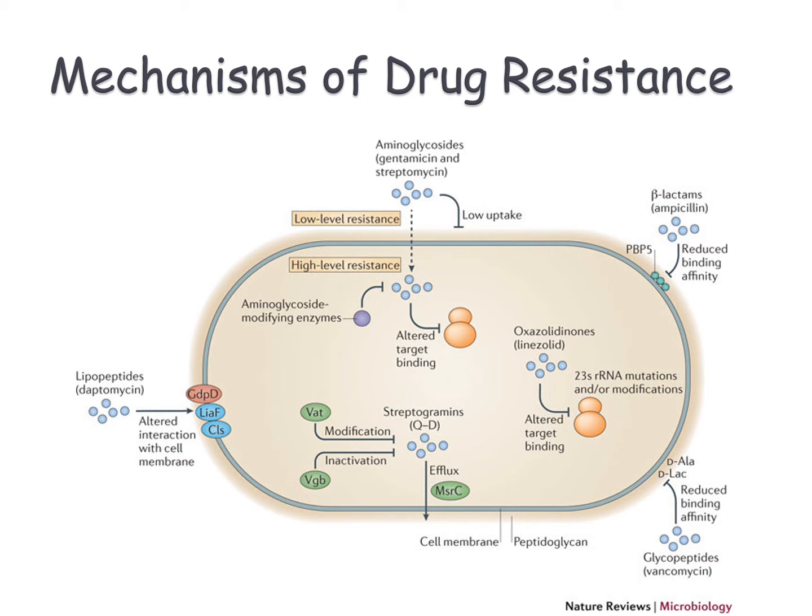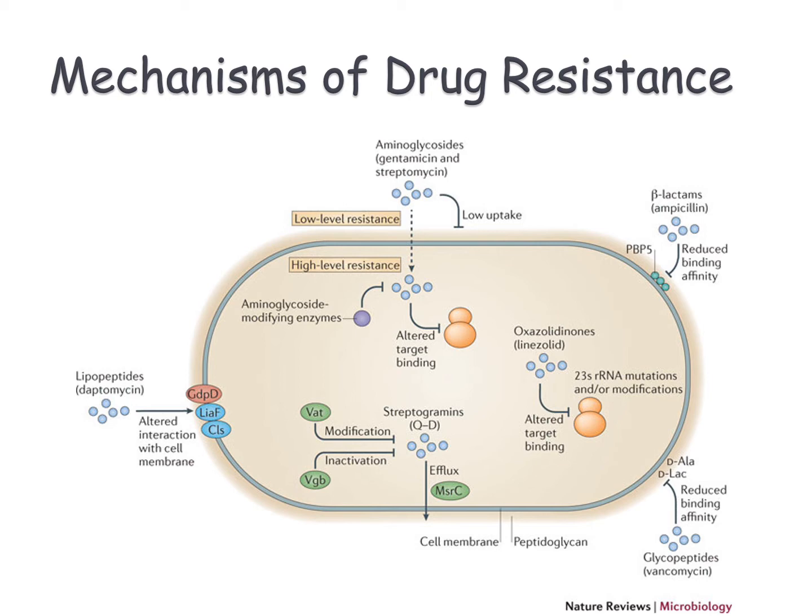So you could overcome that with higher doses, but there are also enzymes inside the cell that modify the antibiotic and destroy it, or alter it. Then there are examples, as I mentioned before, of altering the target site. And again, this would be, for these antibiotics, altering the ribosomal protein that it interacts with, and that generally gives a more high level of resistance.